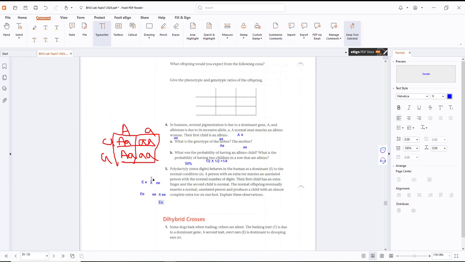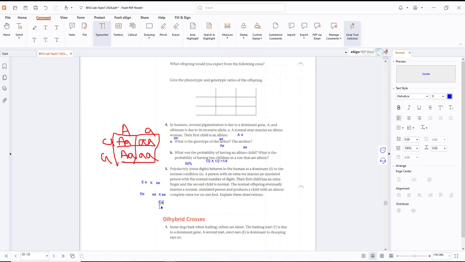So we set up kind of a pedigree here. We have a person with an extra toe who marries an unrelated person with a normal number of digits. Their first child has an extra toe, and the second child is normal. The normal offspring eventually marries a normal unrelated person and produces a child with an extra toe.